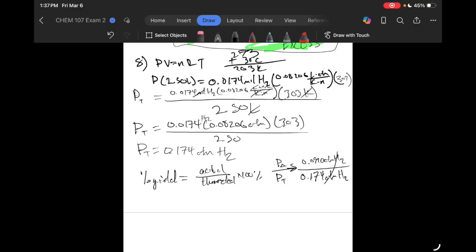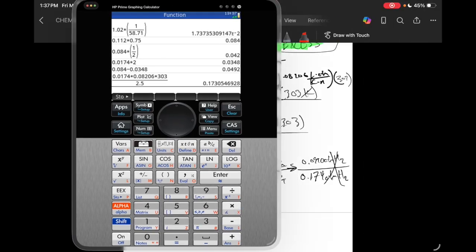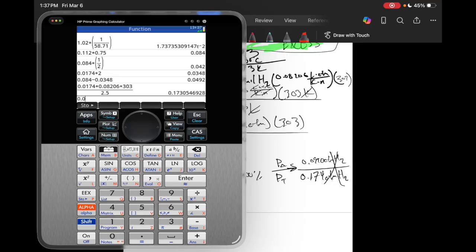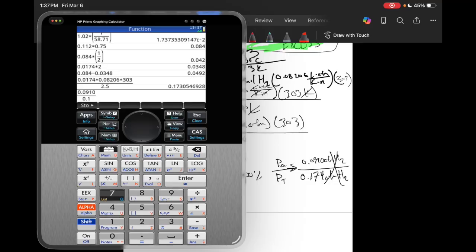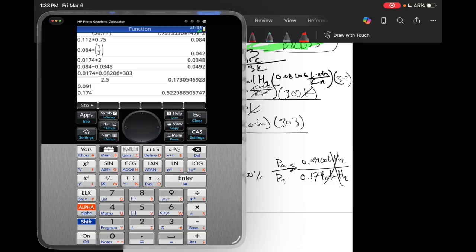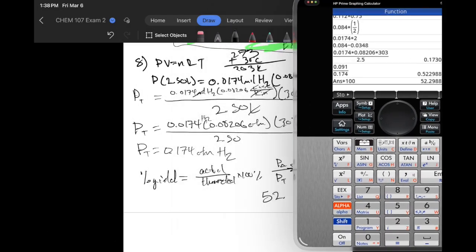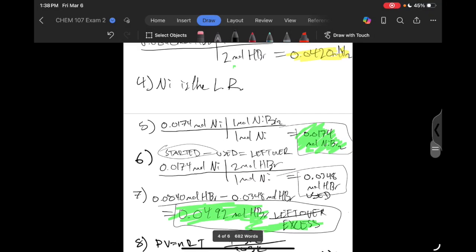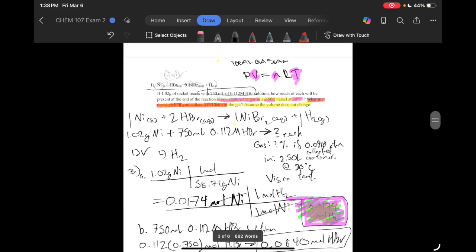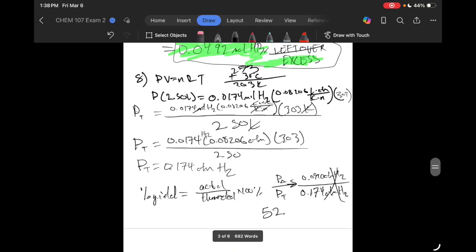So atmospheres of H2 cancel out. We run the calculation, 0.0910 divided by 0.174. It's going to give us that number, and then we multiply by 100 to find the percentage. So that means that we had a 52 point... I believe I got a different number earlier. 0.0910.